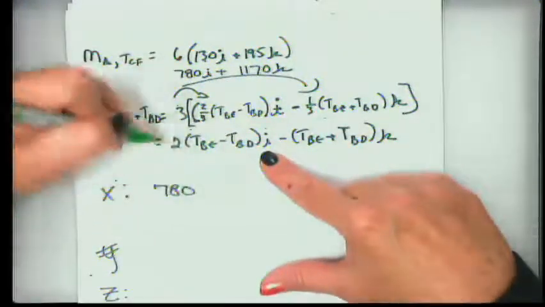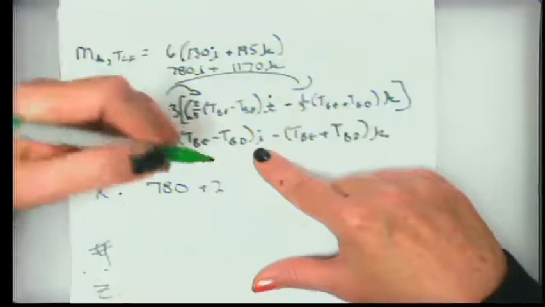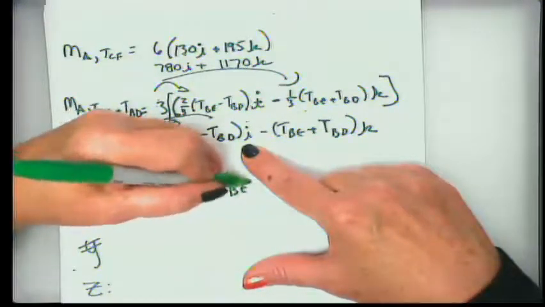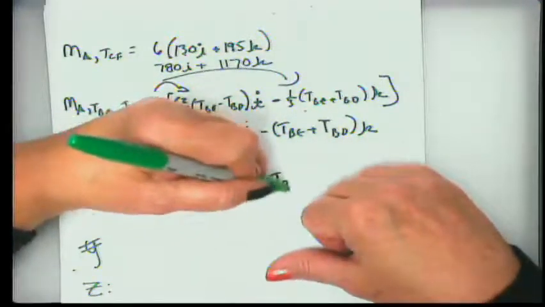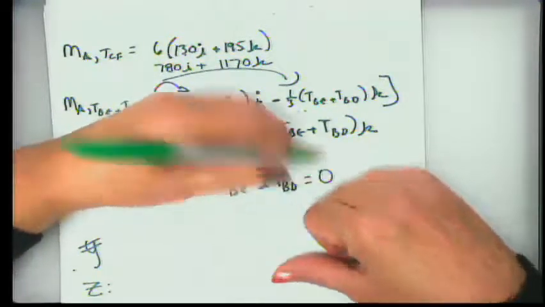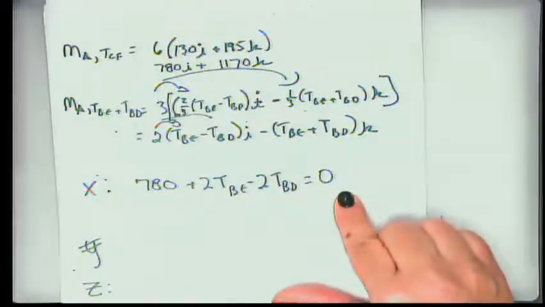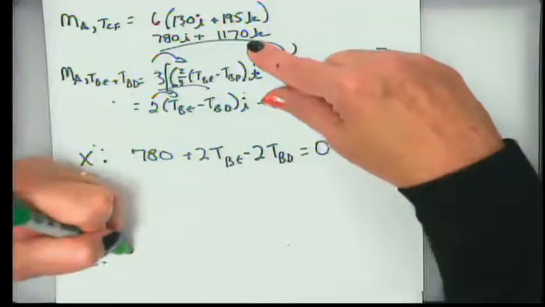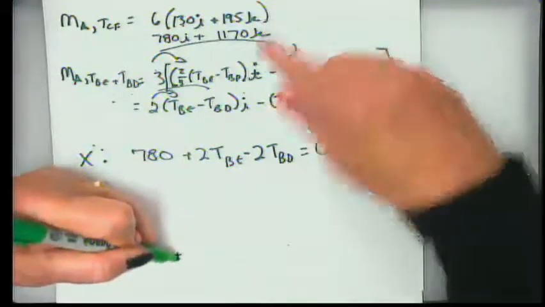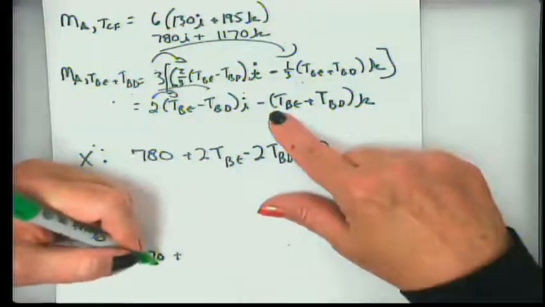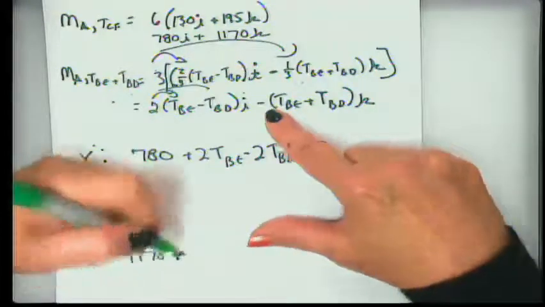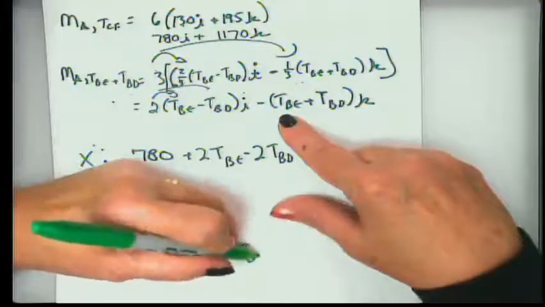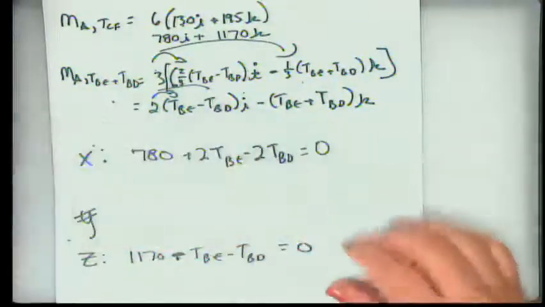And then I have plus 2, I'm going to go ahead and just distribute this through, 2 TBE minus 2 TBD. Those 3 things added together equal 0 in order for equilibrium to occur. And in the Z direction, I have 1170 plus, actually that would be minus, TBE minus TBD. Also equals 0.